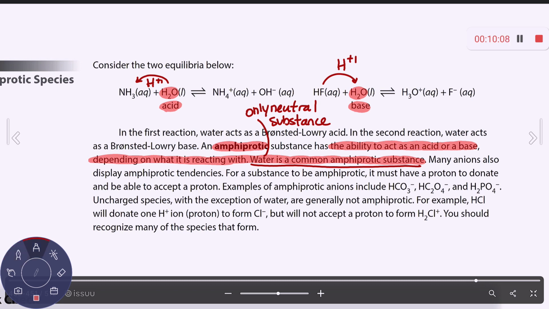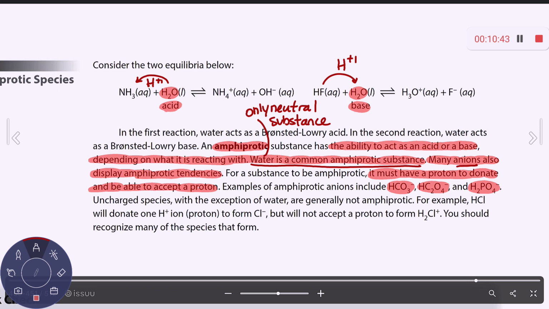The other amphiprotic substances are anions. So many anions also display amphiprotic tendencies. Anions have negative charges. What else do they need? They must have a proton, meaning a hydrogen, to donate, or be able to accept one. So basically what that means is, do you see these three examples that they gave you here?